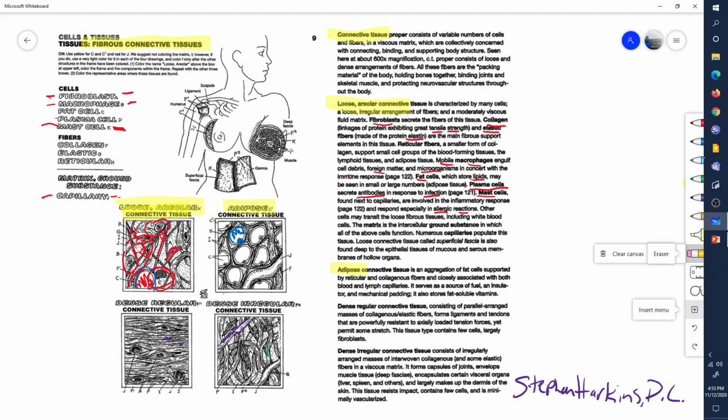As you know, your fat protects you from harm, but also keeps us warm. It's an insulator, and mechanical padding. Also fat-soluble vitamins, A, D, E, your vitamins, they are all stored in fat.